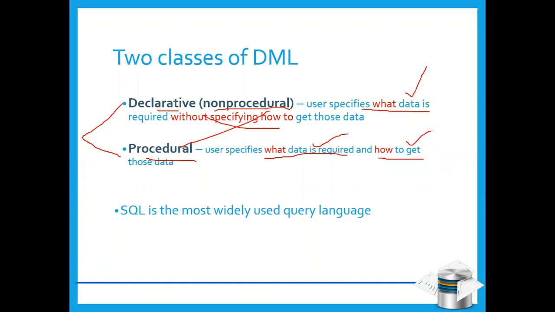How to do it, the database will have to figure out with the help of the relations, flows, and all that. So in non-procedural, you do not write an exact procedure. You just tell what is needed, but you don't tell how you get it. But in procedural, you know what data is required, and you even tell in detail how to get the data.